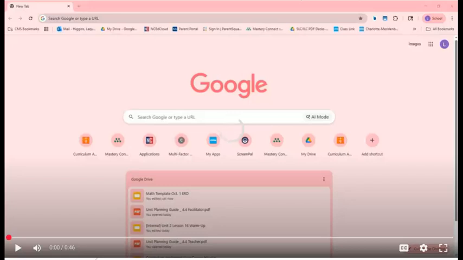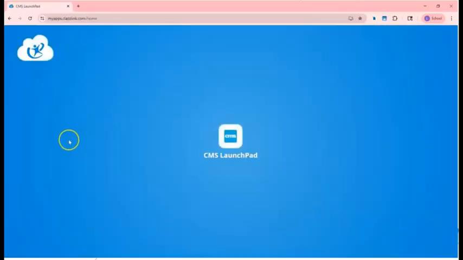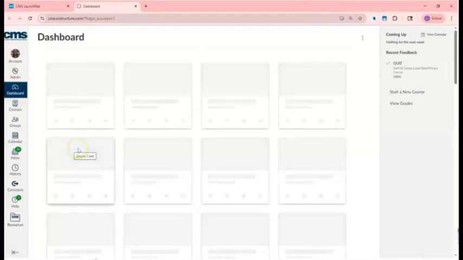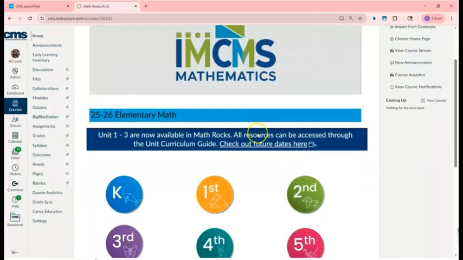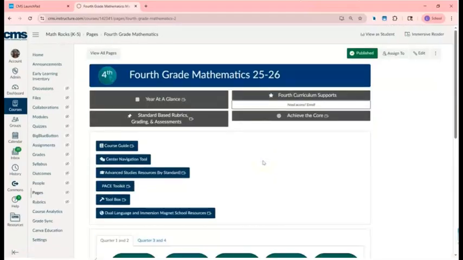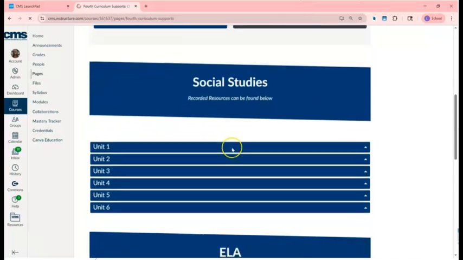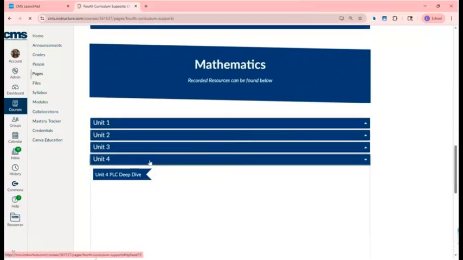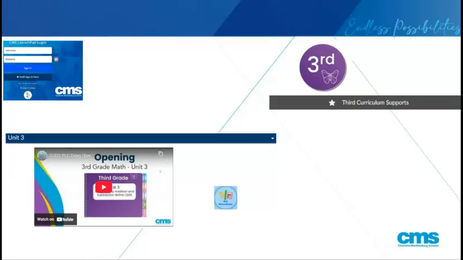There are several ways to access the resource. Here's a 4th grade example. And here is the trail that leads you to the 3rd grade Unit 3 PLC Deep Dive resources.